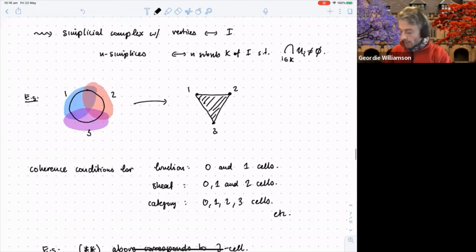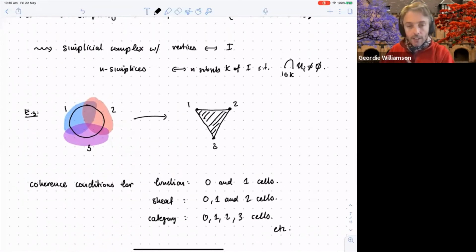And again, last week we talked about how coherences for actions and monoidal categories come from a cell decomposition of BG, and exactly the same thing happens here.